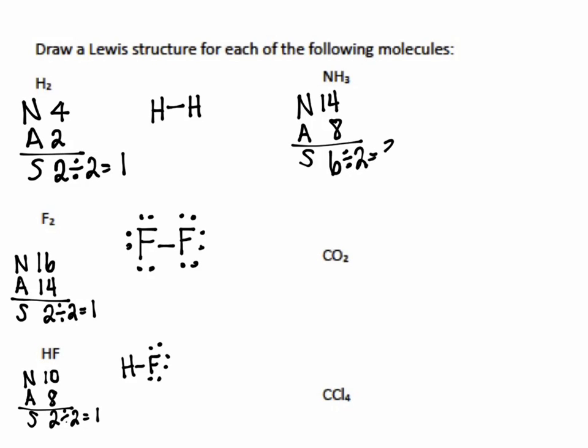So how many bonds will we have? 3. And then you have 3 hydrogens. So we have our 3 bonds, and we have 6 electrons. So where are our last 2 electrons going to go? On top of the N. They go on the central atom. After everybody's happy, what's left over goes on the central atom.